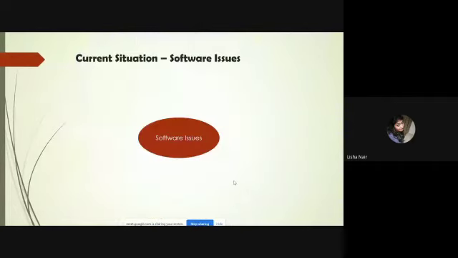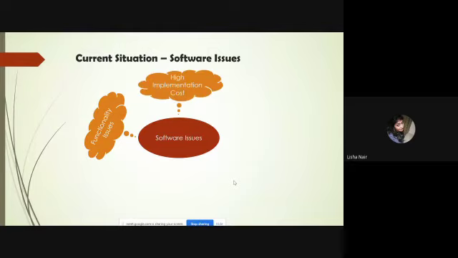What are the software issues? Basically you have defined a certain functionality, you have implemented according to that, but you still have made a mistake on the functionality, which is called a functionality issue. And then what are the other software issues? Development within a time frame, all that is a software issue.